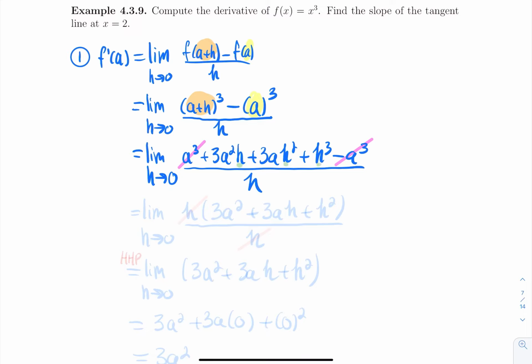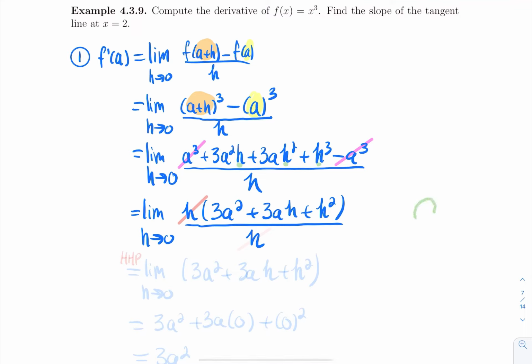So I can factor by h, so you get the limit as h goes to 0, h goes up front. You get 3a squared plus 3ah plus h squared, all that divided by h. And now, yes, we have this simplification of the 0 over 0 here.